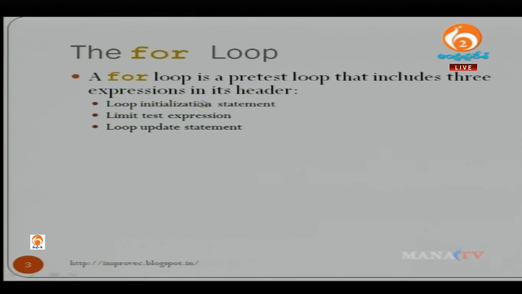First one is initialization, second one is testing the condition, third one is updating, where increment or decrement operators can be used. A for loop contains three components.